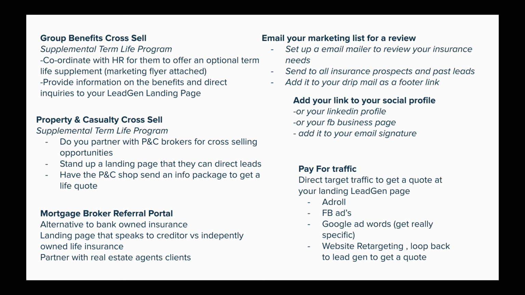Well, again, you could stand up a landing page that when they get a lead, they basically visit the page, enter the client information, and direct those leads to you. They would also get that automated quote to help prep the client and maybe do a little bit of the heavy lifting for you. They might even send out an email on your behalf to say, we've partnered with this life insurance company. If you're looking for a quote, they could send traffic to that page as well. So again, lots of different ways we can use our circle of influence.